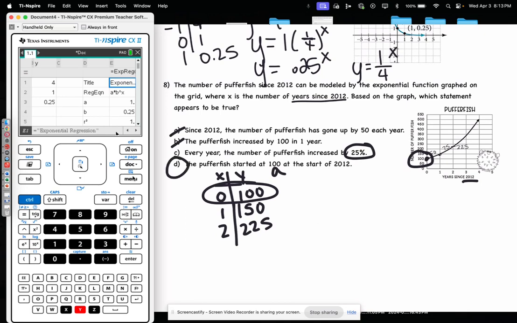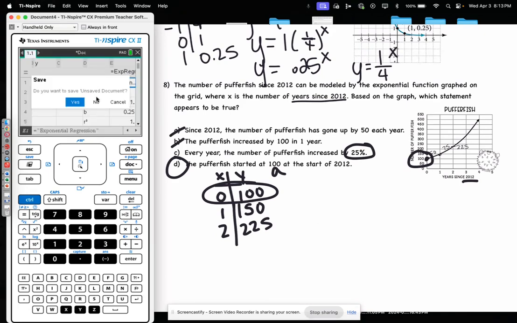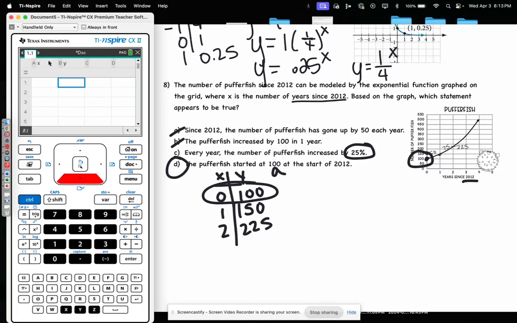Or again, you could go in and do your list and spreadsheets to double check that 25%. But that would entirely be up to you if you decided to do that. If you're happy with that last answer, because you could see it, that works too.